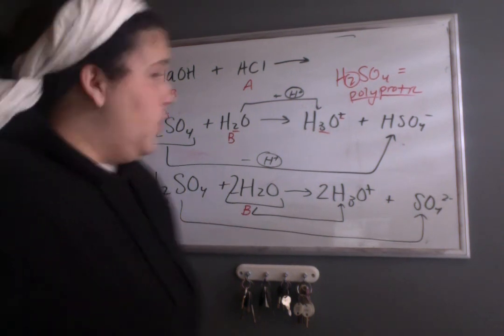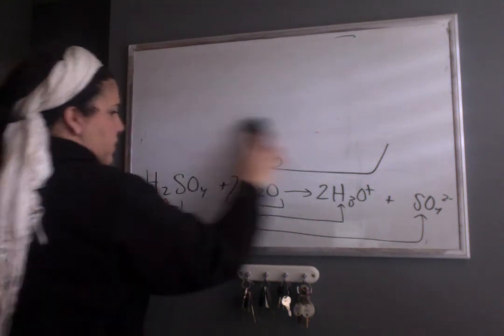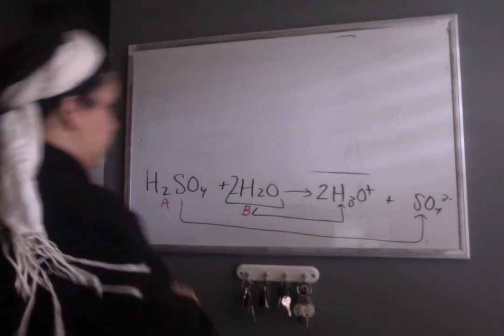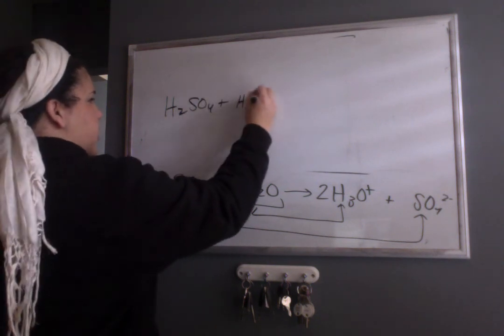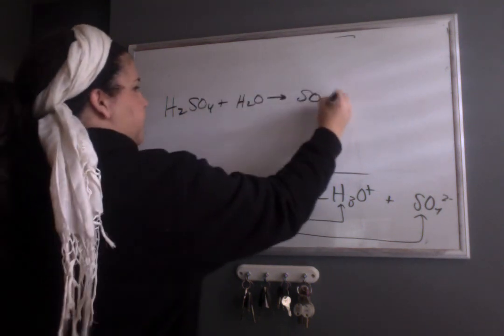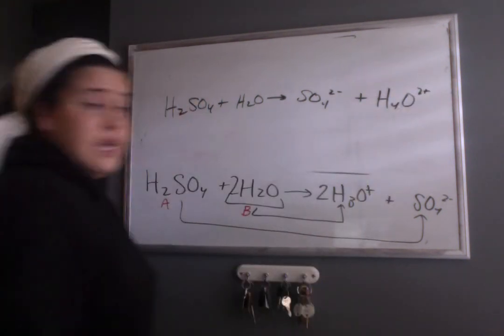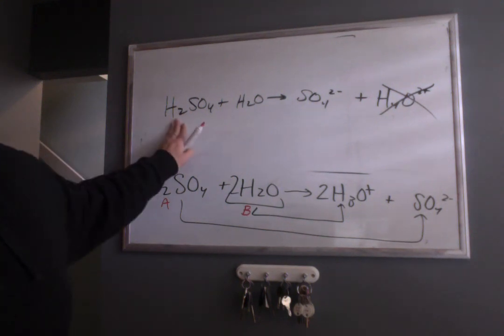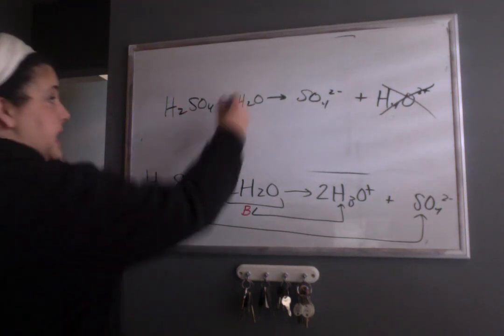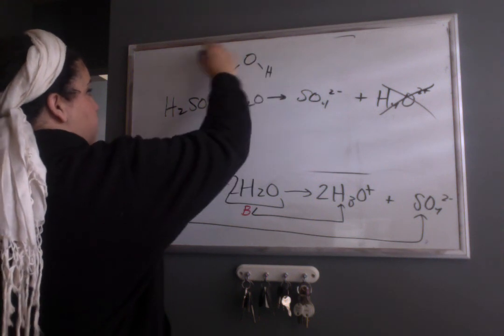Now, one thing to note here is that I never wrote the equation H2SO4 plus water produces SO4 2- and H4O 2+. This H4O 2+ does not exist. So, for this to donate 2 protons, what I will need is 2 waters, and I'll draw them both out. 2 waters.